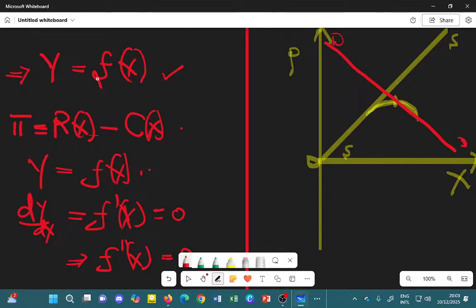The first position that I want to consider, I want to call this P naught. Then, just to create a difference, I want to call this P1.